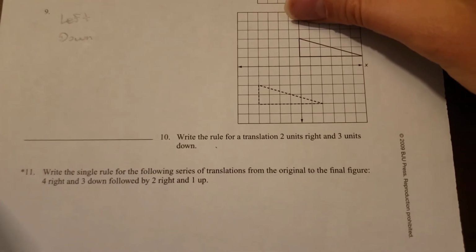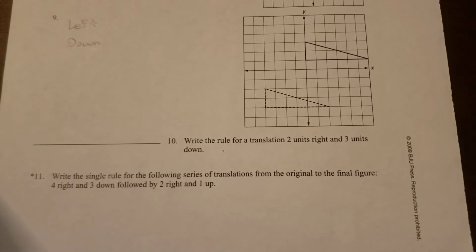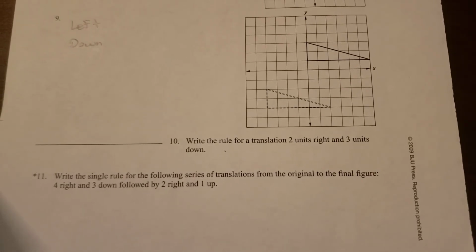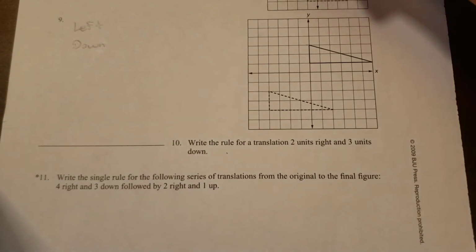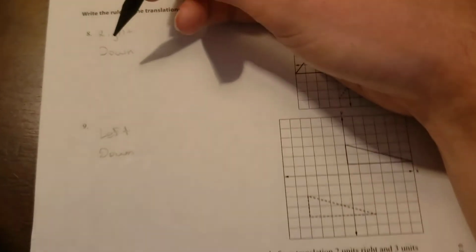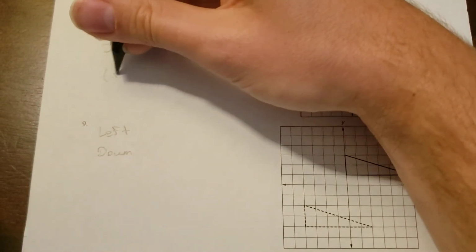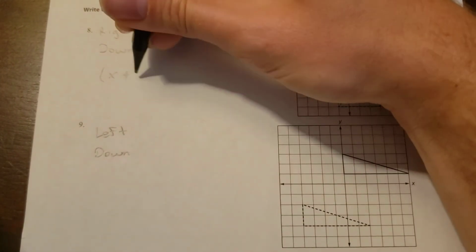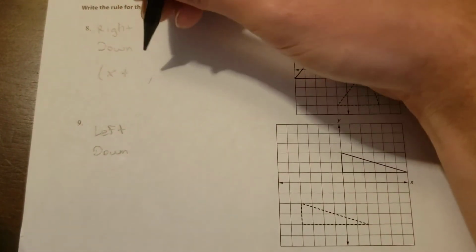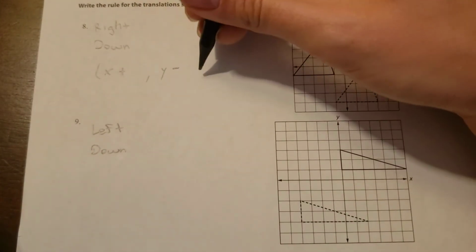Lastly, the rule for translation. So technically what the rule for translation is, it'll be x. Since it's going to the right, it's going to be x plus a certain amount, and then y, since it's going down, y minus a certain amount.